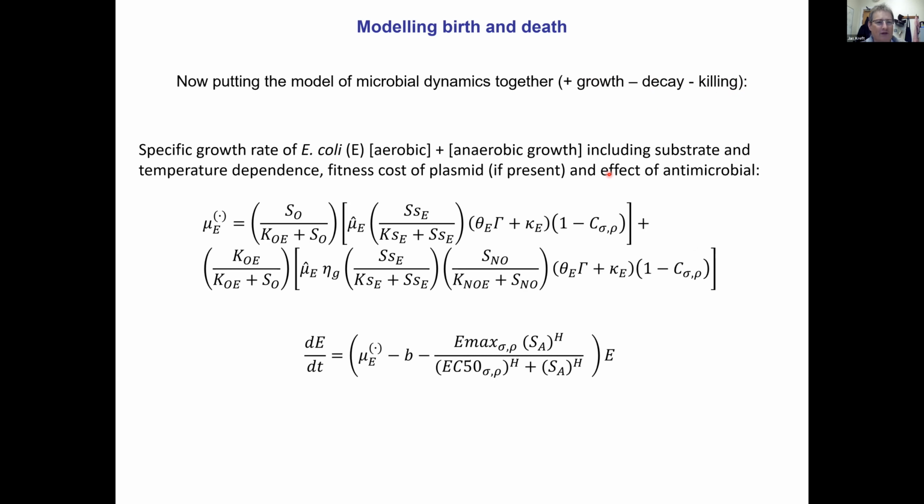So now we have to put all of that together. We have talked about growth, decay, and killing by the antimicrobial. So we can put this together, and this equation might look a little bit frightening at first, but let me talk you through this in small steps.